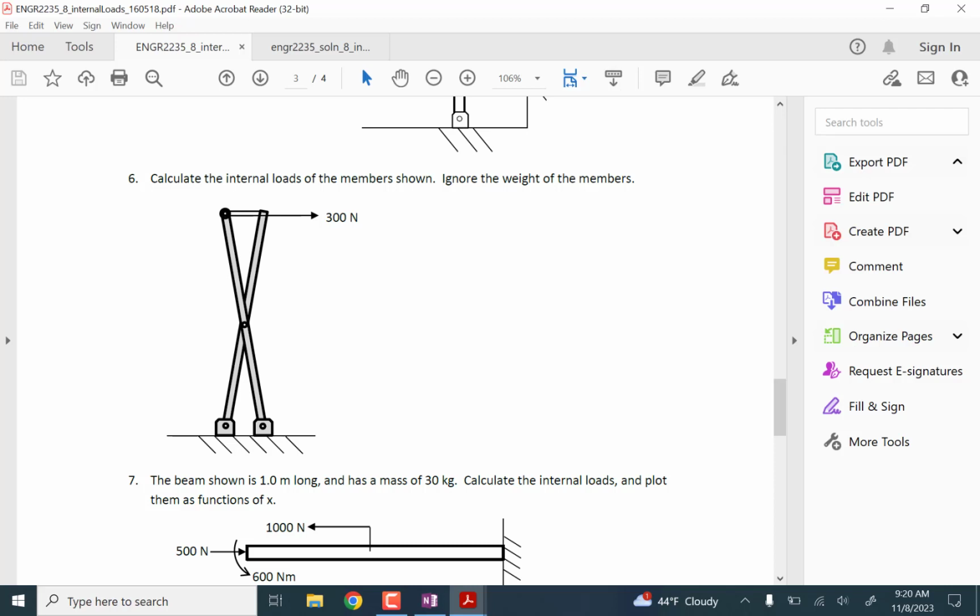So we know where the top is, but we don't know where the center is. That's why it's a problem. So without having that information, I would say we're going to assume that the center of that pulley is at the top of the member, and then you can calculate everything.